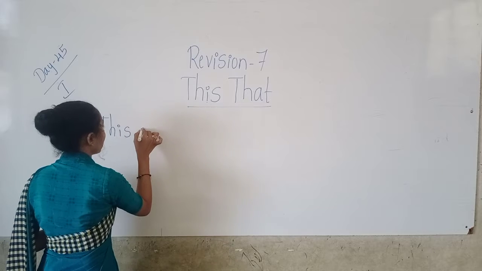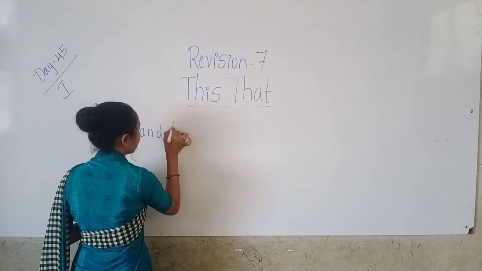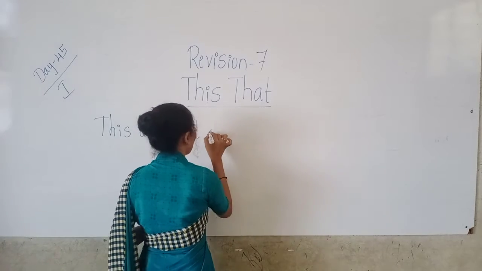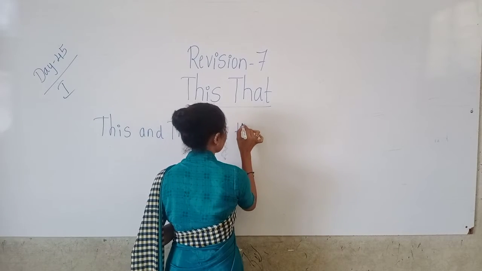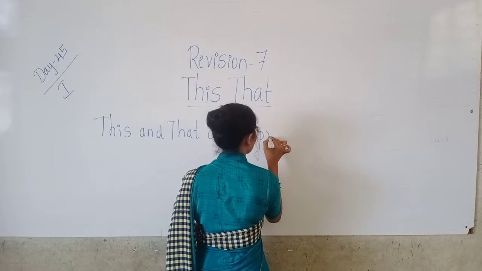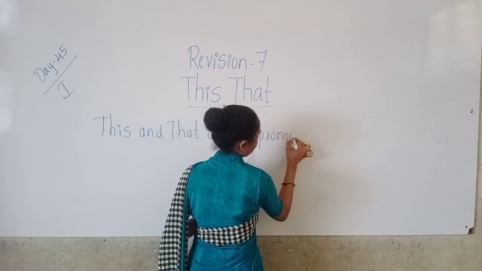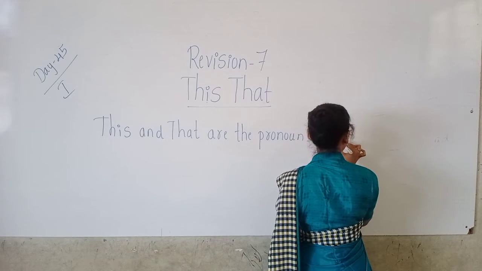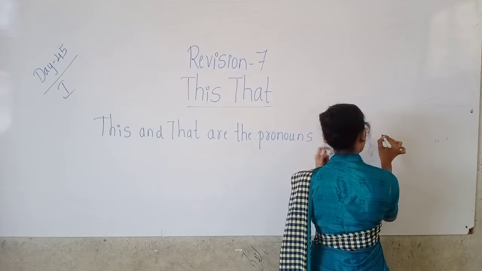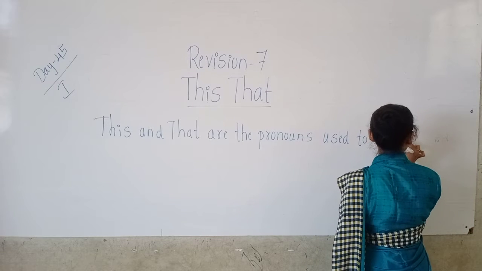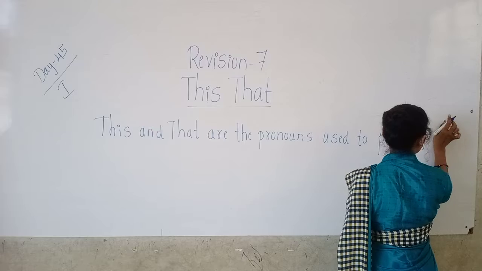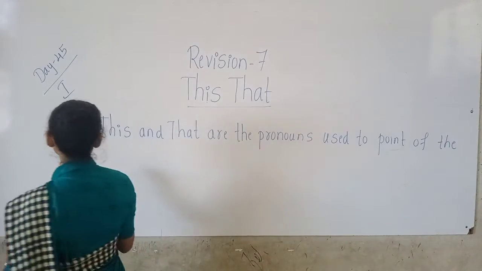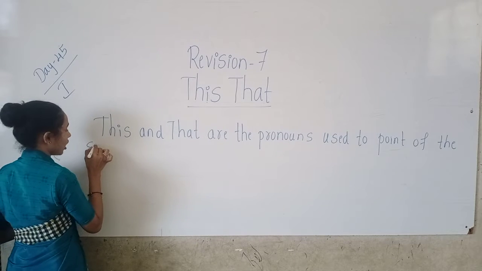This and that are the pronouns used to point out the singular things surrounding us.